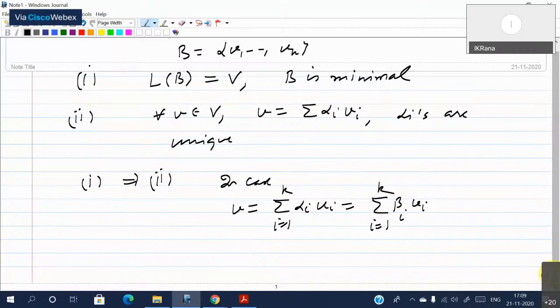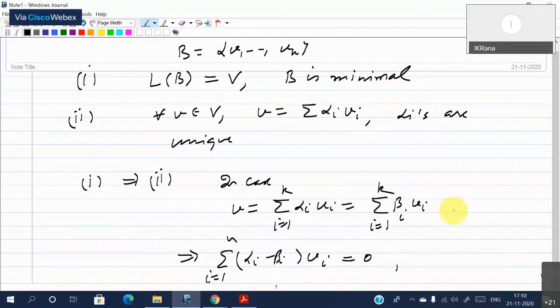Suppose there are two representations possible, so that will imply that alpha i's are unique, right? So if not, then summation I equal to 1 to n of alpha I minus beta I times v I is equal to 0.